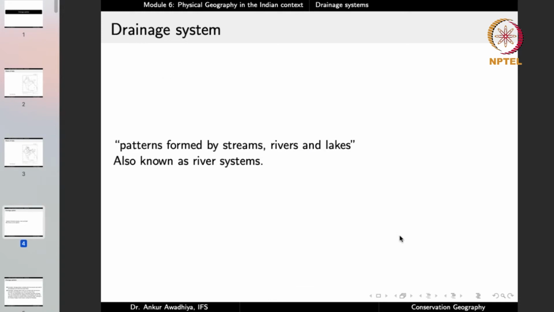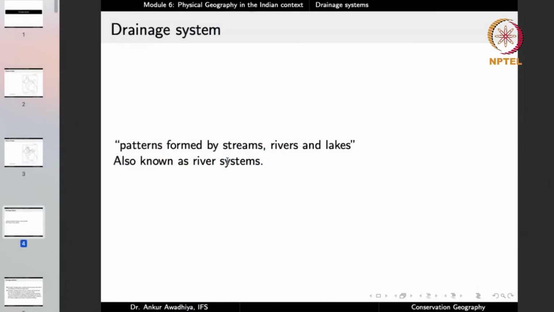Now, a drainage system can be defined as the patterns formed by rivers, streams and lakes. So here we are interested in the patterns that are formed by streams, rivers and lakes. That is, what is the shape? What is the size? Are there specific patterns in which we can classify these shapes and sizes?